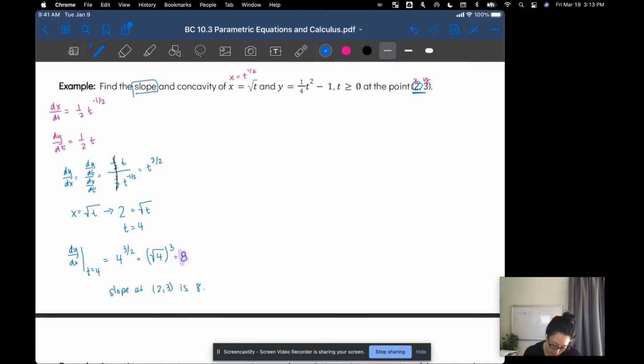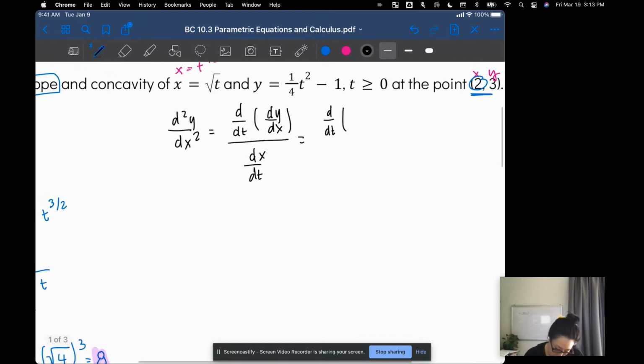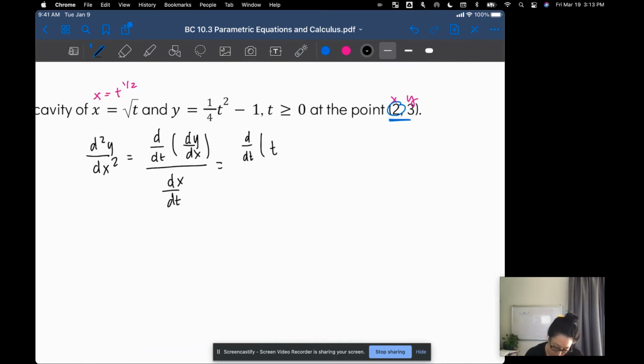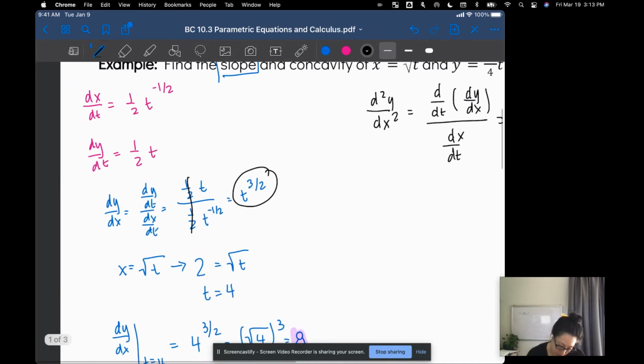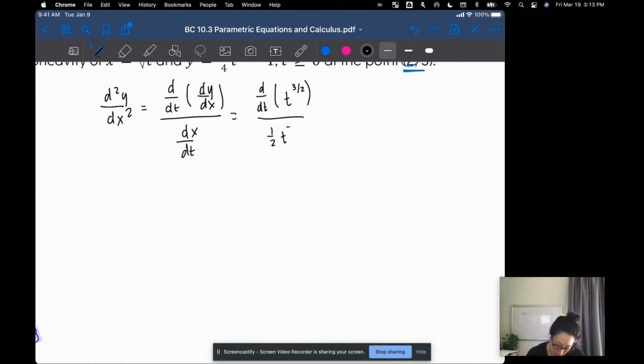Okay, second derivative. We have d squared y over dx squared is equal to d/dt of dy/dx, over dx/dt. So I end up with the derivative of dy/dx, which was t to the 3 halves, over dx/dt, which was 1/2 times t to the negative 1/2.